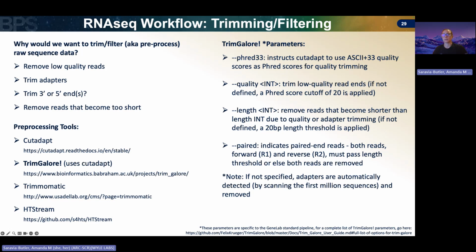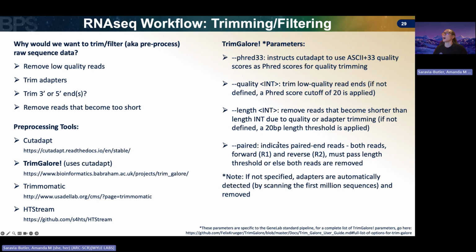So anything that is less than a Q20 is going to get chopped off of our reads. We also can tell it what length we want to keep. So again, if we're trimming, we want to tell it what the minimum length is to keep. We use the default of Trim Galore at GeneLab, which is 20 base pairs. So any reads less than 20 base pairs are going to get removed.